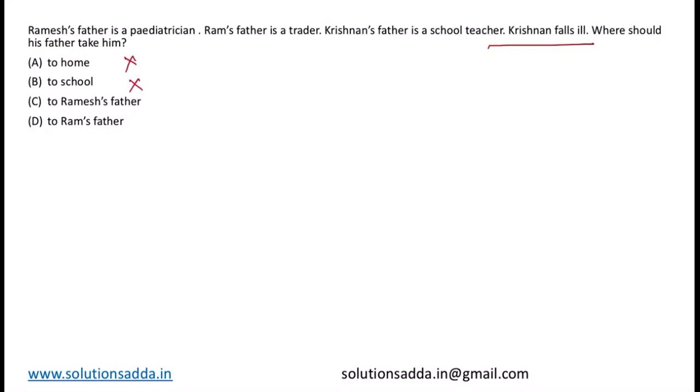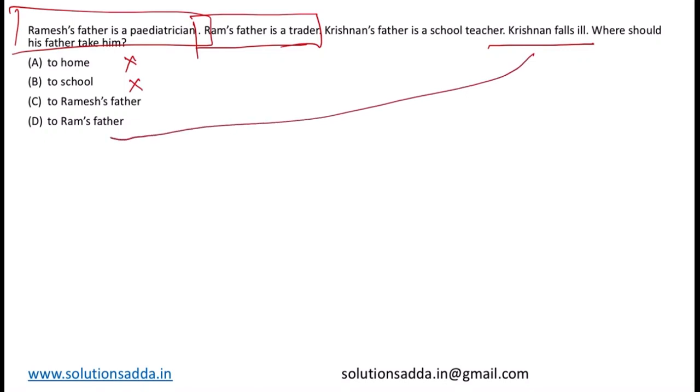Now the options left are Ramesh's father or Ram's father. Ram's father is a trader and Ramesh's father is pediatrician. If Krishnan is falling ill, of course he'll take him to Ramesh's father. Hence option C is the correct answer.